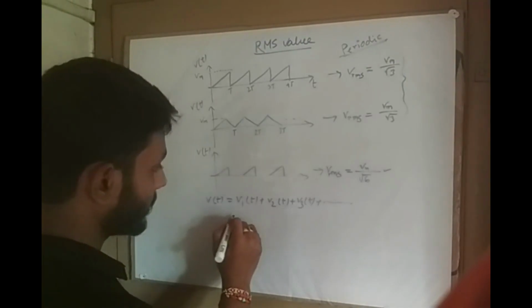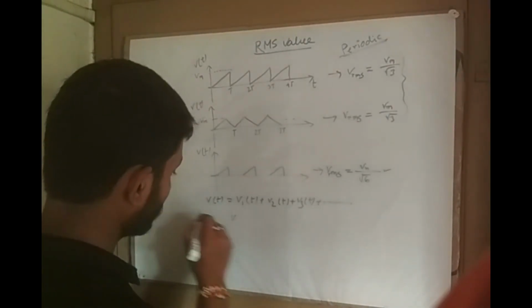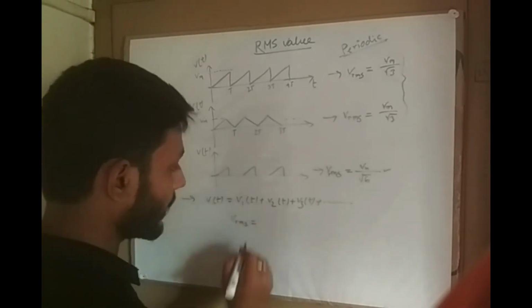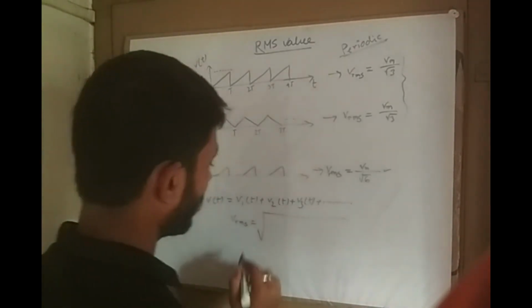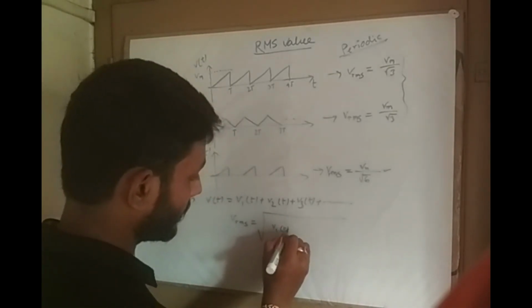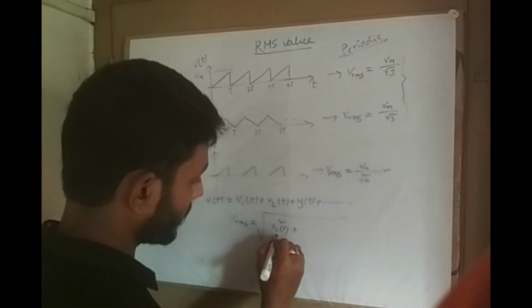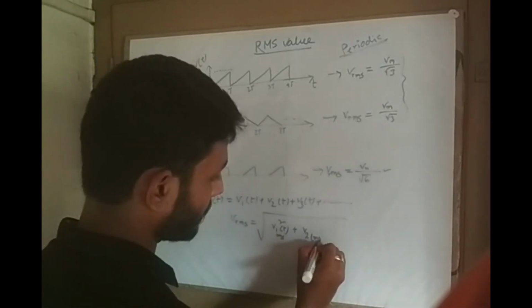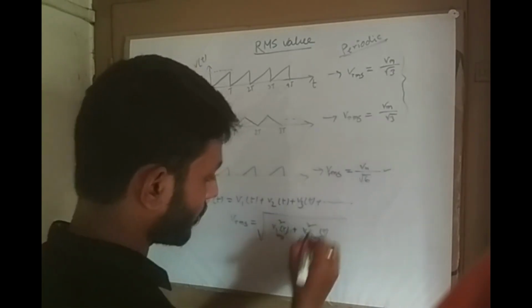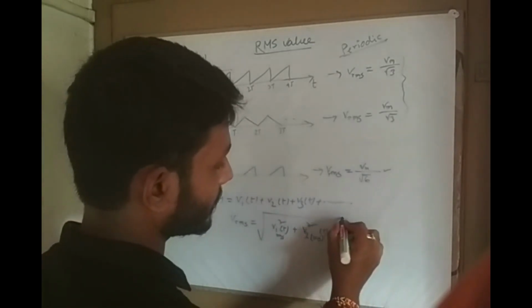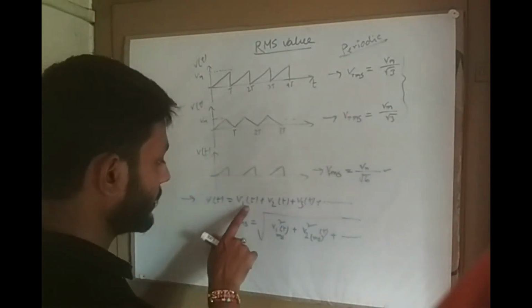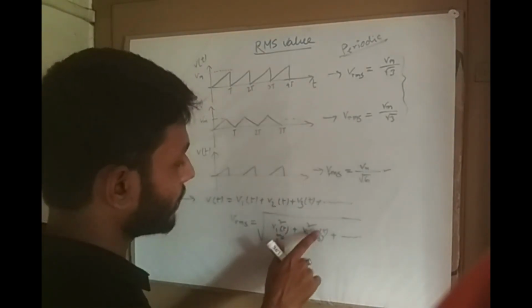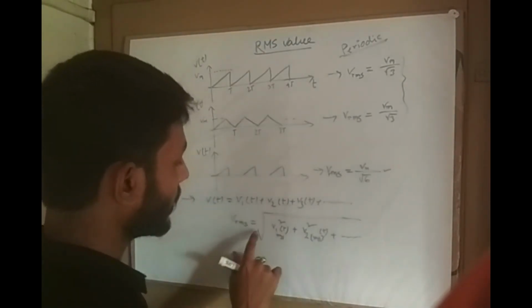For this, the Vrms value will be equal to the root of V1 RMS value square plus V2 RMS value square plus V3 RMS value square, whole root.